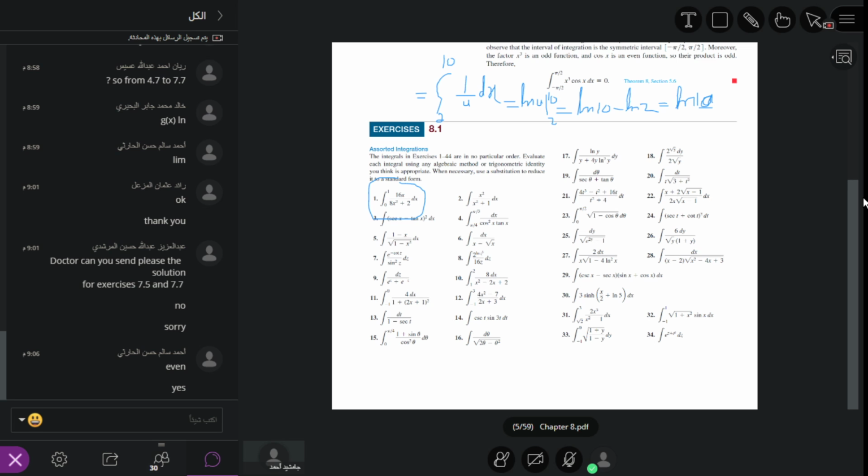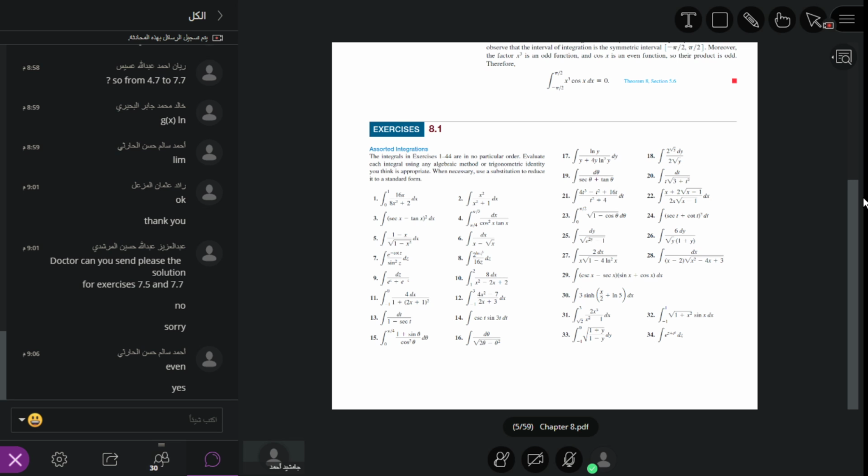What is b? b is equal to 2. So log 10 divided by 2 is equal to log natural 5. This is the solution of question number 1.